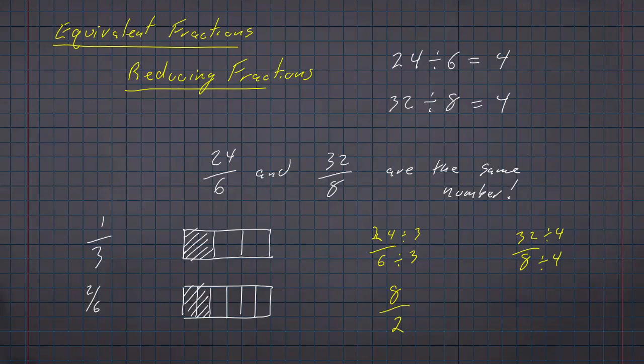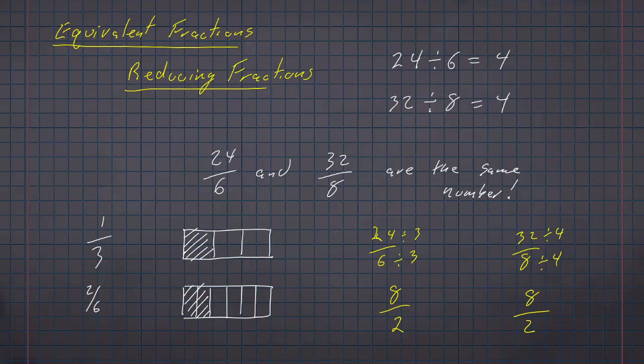Well, 32 divided by 4 is 8, and 8 divided by 4 is 2. So by performing this trick of division, dividing the numerator and the denominator of a fraction by the same number, we can rewrite the fractions so that they look identical.